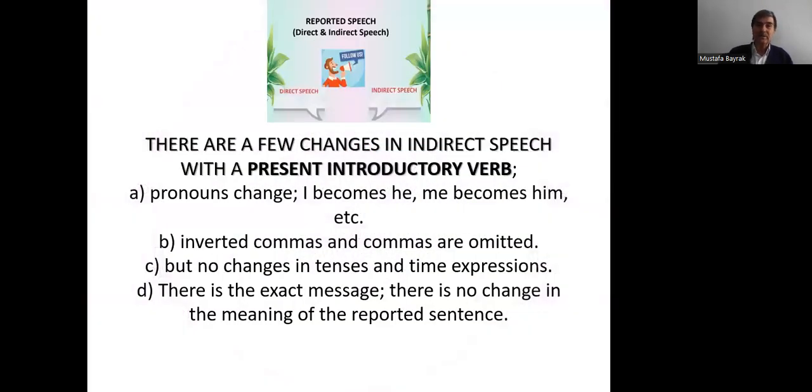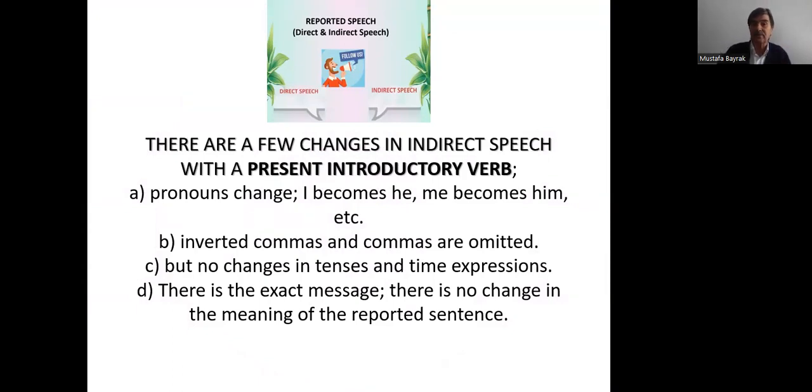Now, okay, there are a few changes in indirect speech with a present introductory verb, with a present main clause. Just pronouns change. I, for example, becomes he, me becomes him or her. Inverted commas and commas are omitted.